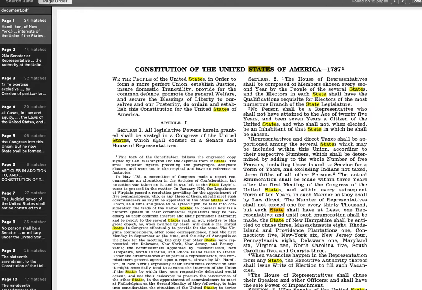So a state inside a state, a federal state inside of a free state. This federal state is called State of Texas.